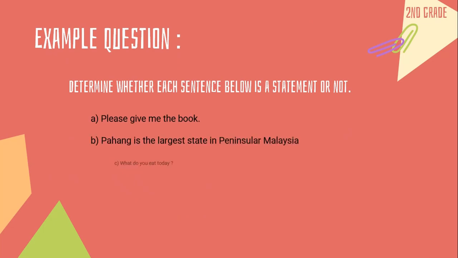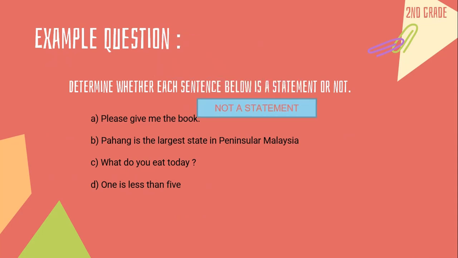We have 4 questions. So determine whether each sentence below is a statement or not. So the first question is, please give me the book. So this sentence is an instruction sentence and we cannot know the truth value of the sentence. So this is classified as not a statement.